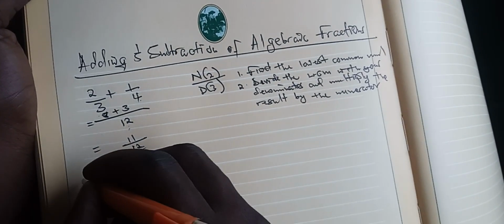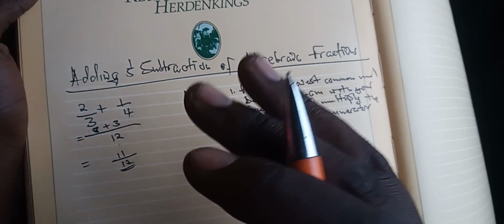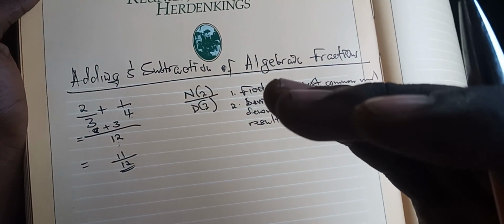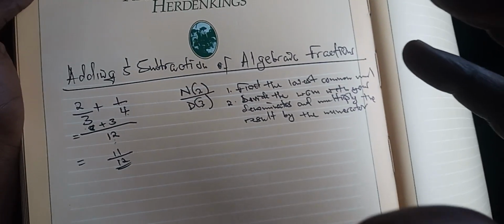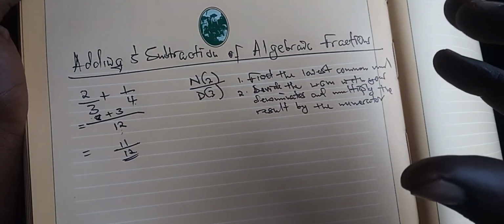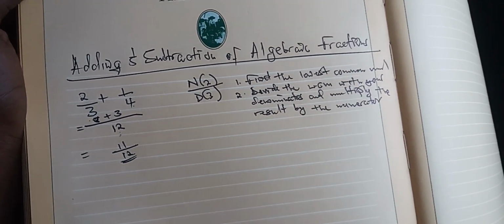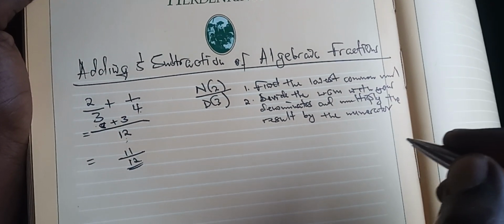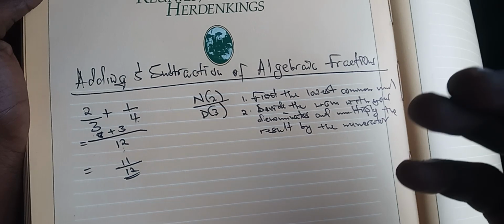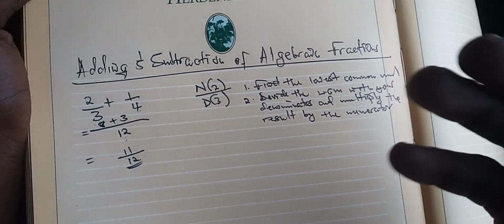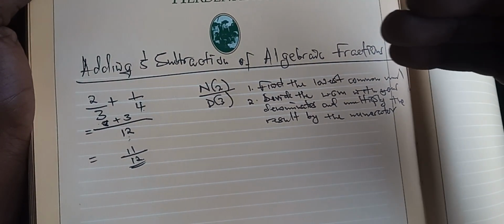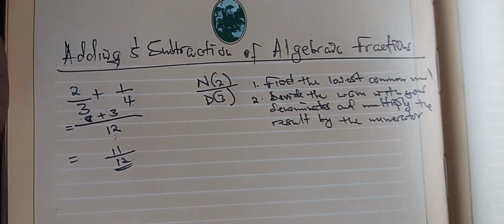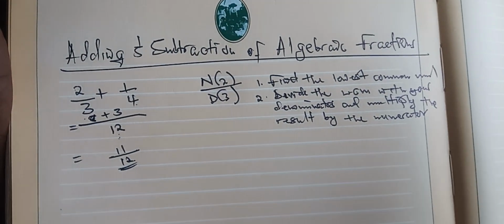And this concept is the very same concept, or the very same procedures, that we are going to apply in simplifying our algebraic fraction. So for example, here I'm going to take a more complicated example so that we can see if the procedures that we've outlined can be applied on the algebraic fraction.